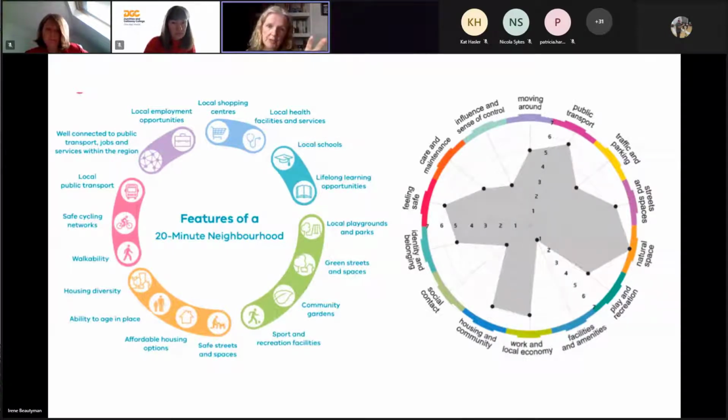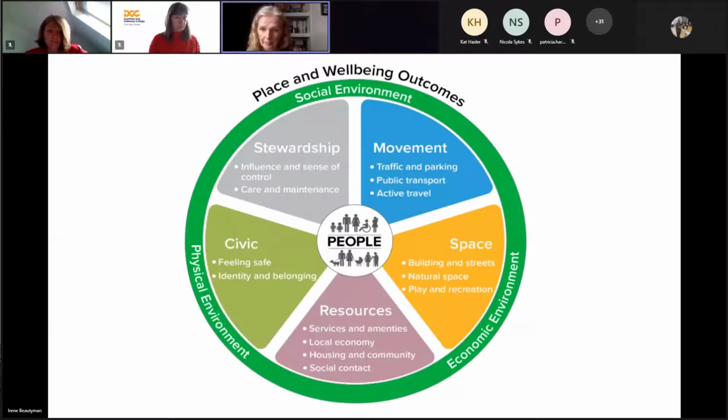But if you look at the actual topics that are the areas that they're saying, these are the features that you need to deliver local living that enables health of our people and our planet, then they map across really well with all of the areas that we are going to be having a conversation around with communities if we use the place standard tool.